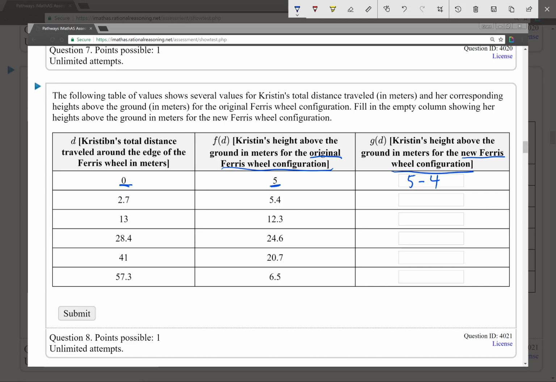Similarly, if we look at maybe this third entry, if she's traveled 13 meters around the edge, in the original configuration, she's 12.3 meters above the ground, but in the new configuration, she's 4 meters lower than that. So in each one of these cases, the third column should just be equal to the second column minus 4, because in the new configuration, she's always 4 meters below where she was in the original.